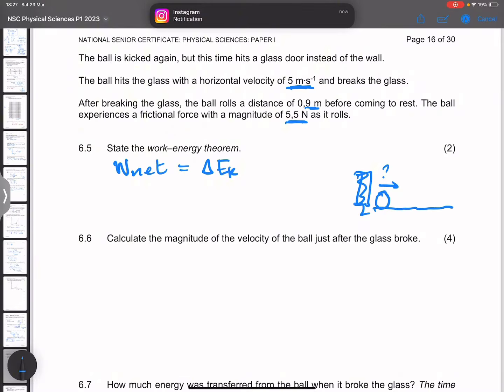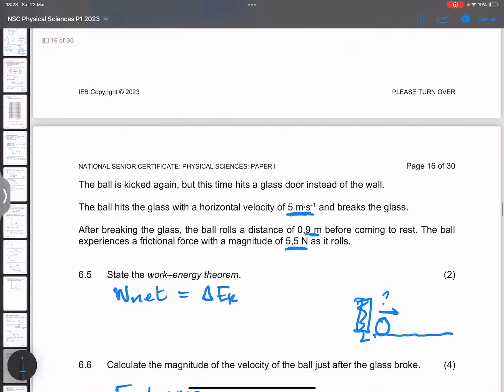So what I'm going to do is I'm going to say, I know that my F net, so the frictional force slows this guy down. So F net is equal to ma. So I know that my F net is as a result of friction, so that would be minus F net is equal to the mass of the ball.